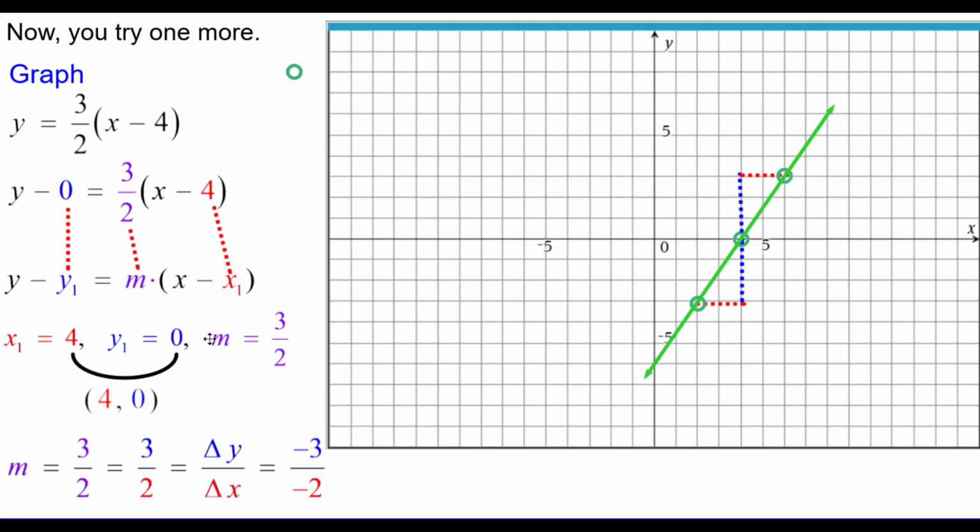The point is 4, 0 right here, an x-intercept if you will. The slope is 3 halves, which means up 3, right 2 from here. Or I could think of it as negative 3 divided by negative 2, which is down 3, left 2. The 3 points are collinear. We've got the line.